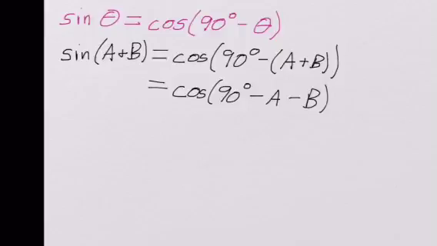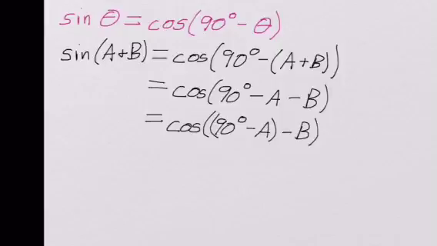Well, now I'm going to go ahead and group that 90 and the a together. So we get cosine 90 degrees minus a minus b. And now we can use the cosine of the difference identity.